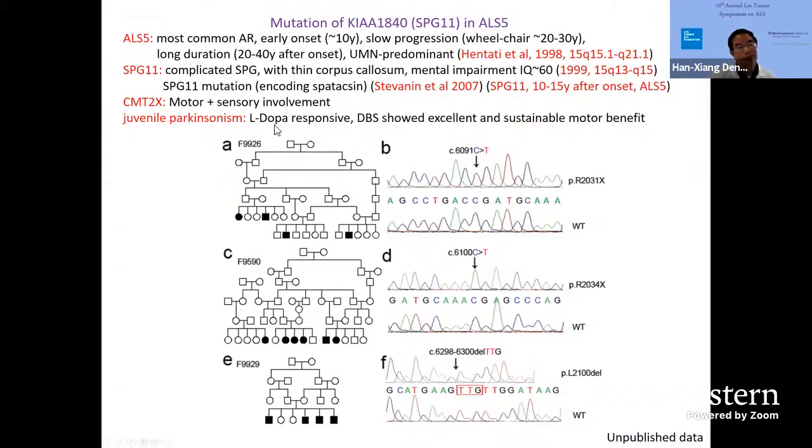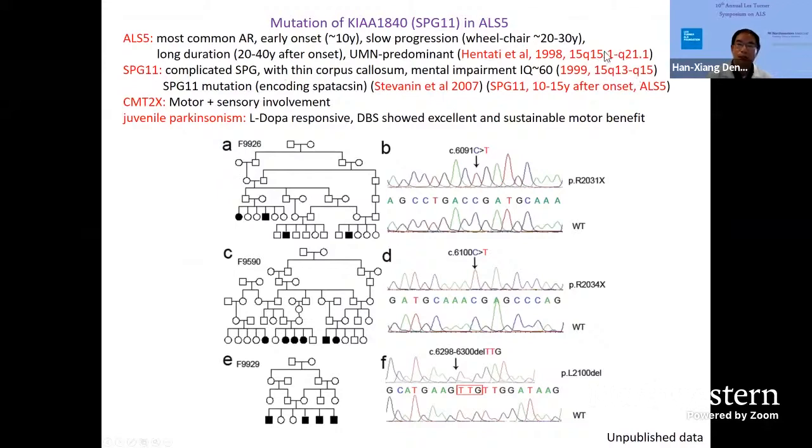Interestingly, in patients with SPG11-linked mutations, the symptoms are dopamine responsive. And if you do deep brain stimulation, they have an excellent effect, and this effect is sustainable.